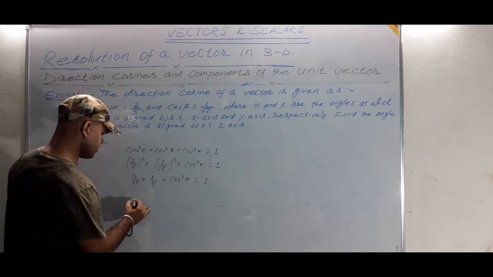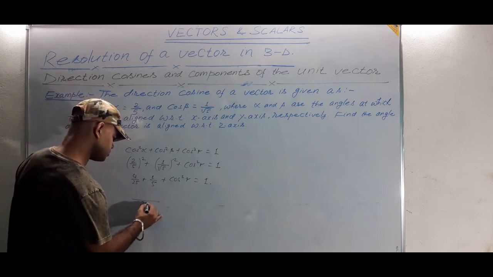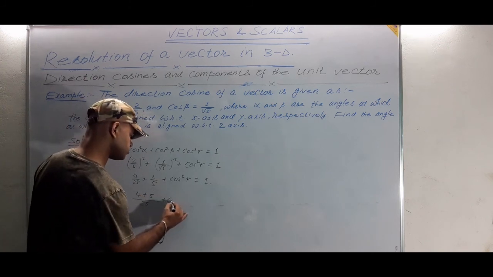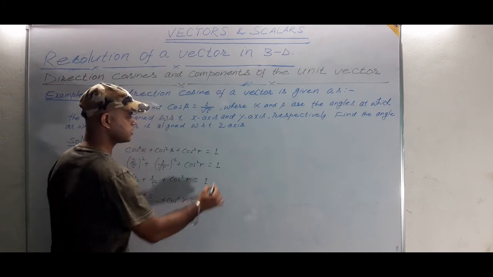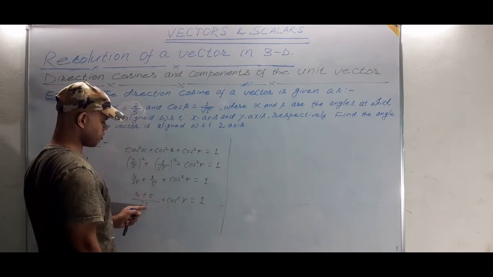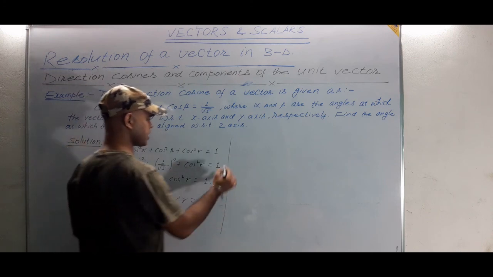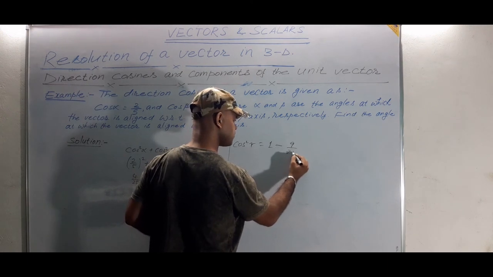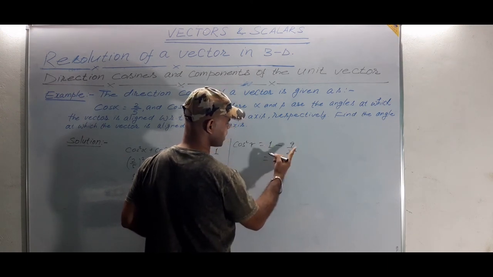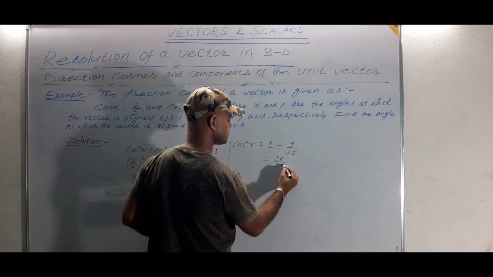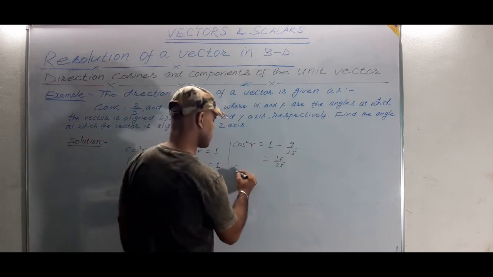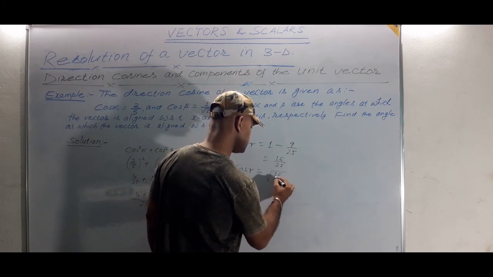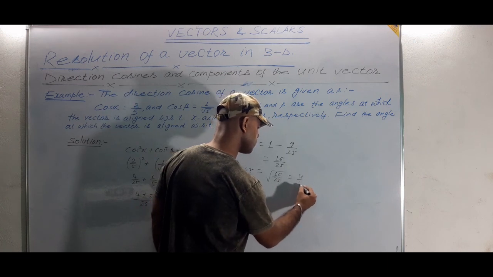If we take 25 as LCM, this will be 4 plus 5 upon 25 plus cos square gamma is equal to unity. So what you get here is 9 upon 25, which goes to the other side, so it will be subtracted. So cos square gamma is 1 minus 9 upon 25. What is that? 25 minus 9, 16 upon 25, right? So cos gamma is equal to root of 16 upon 25, so that is 4 upon 5.